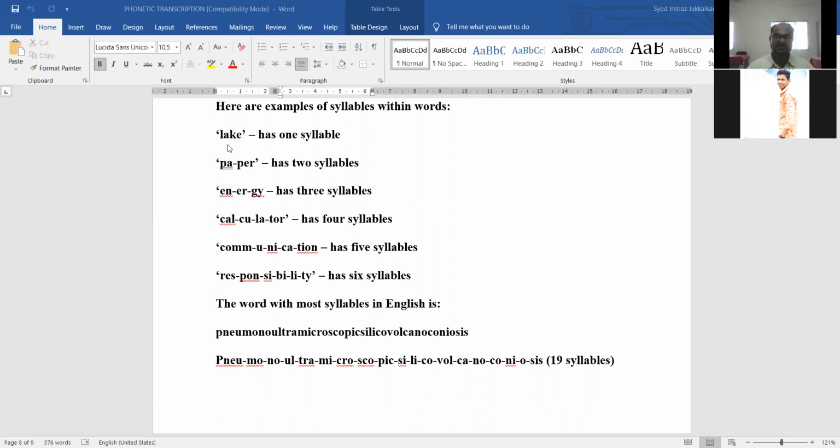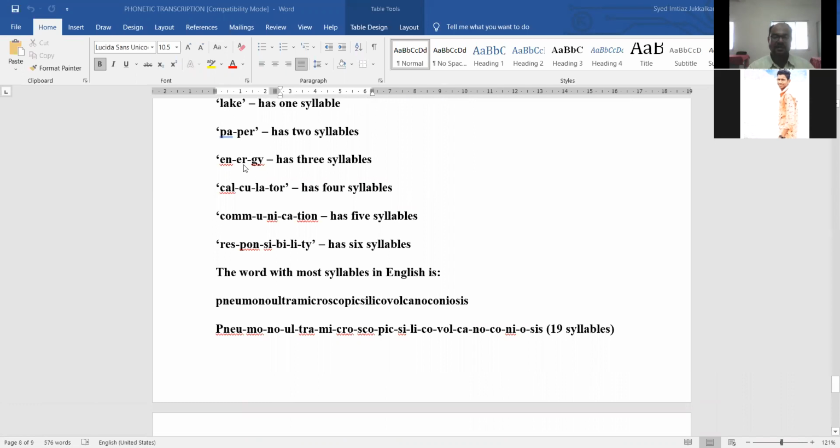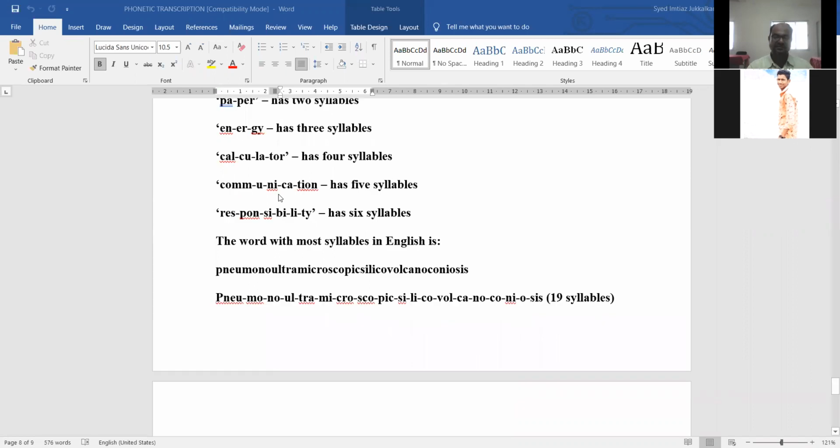Only one syllable. एक syllable है तो lake. Take the next one. Paper. 2 syllables. Right? Energy. 3 syllables. Calculator. How many syllables are there? 4 syllables.